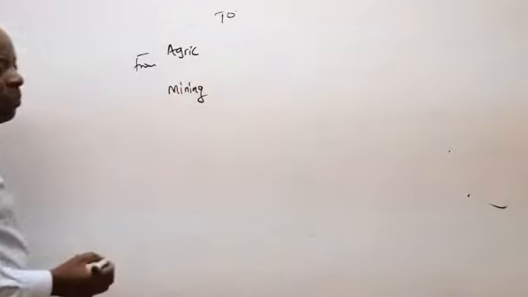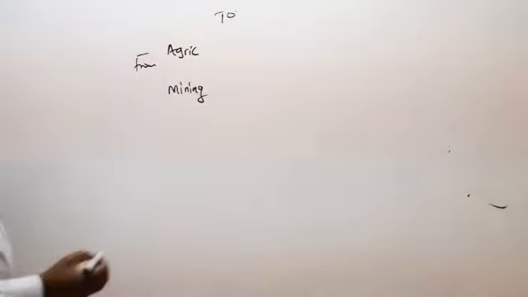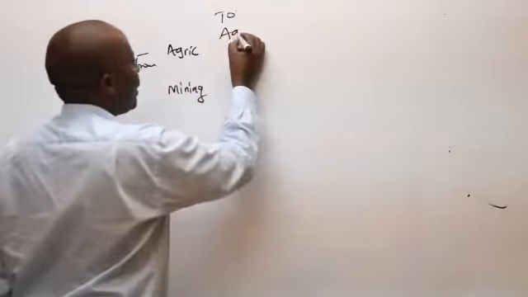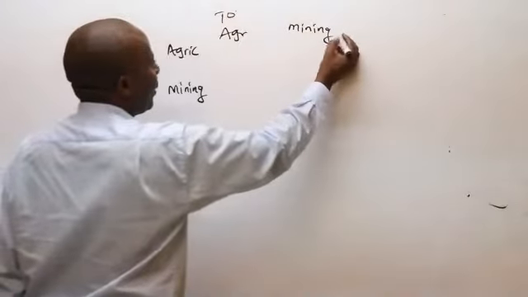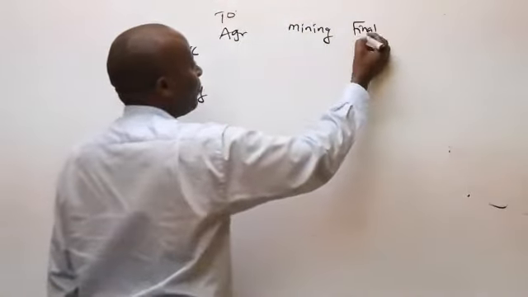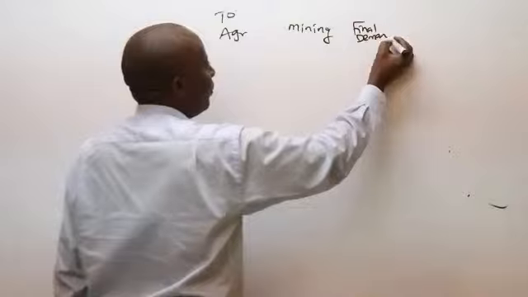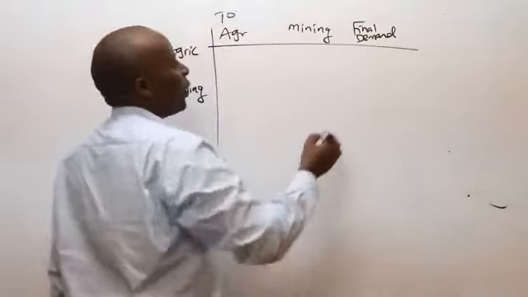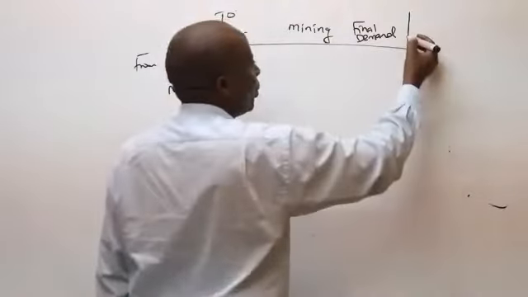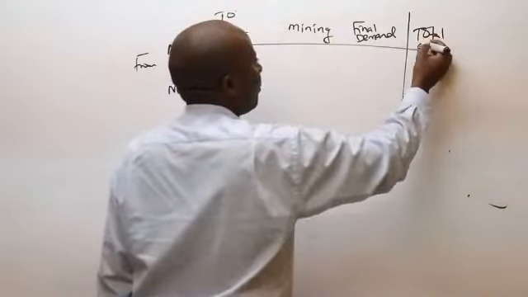So we have the same matrix here, agriculture, mining. Then we have the final demand. It'll come and give you what we call the total output.